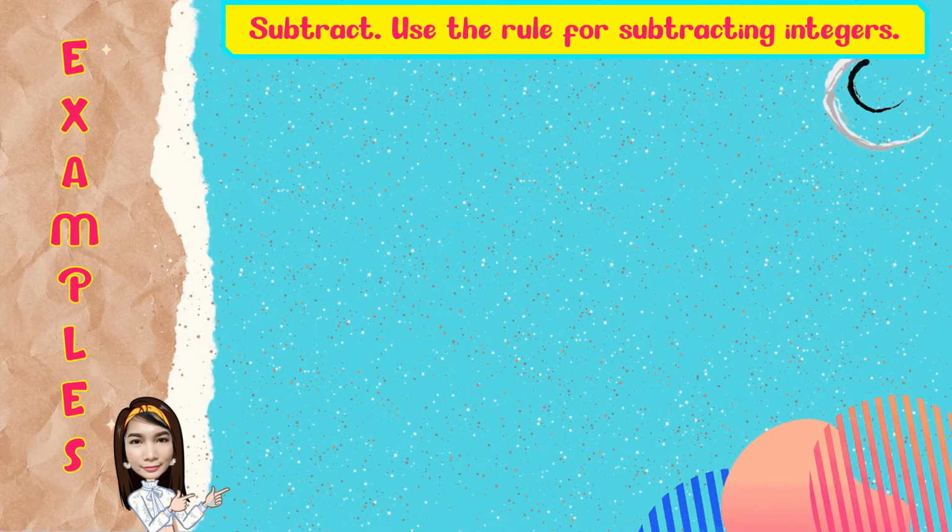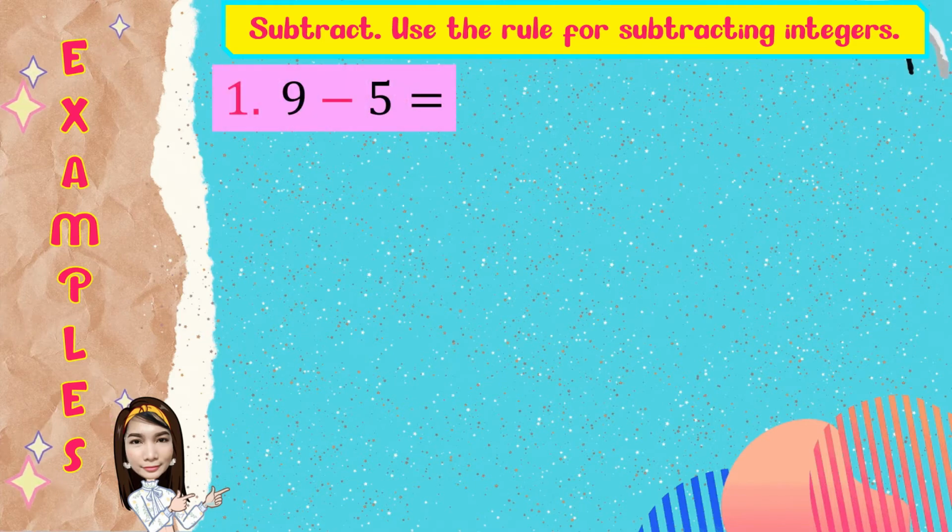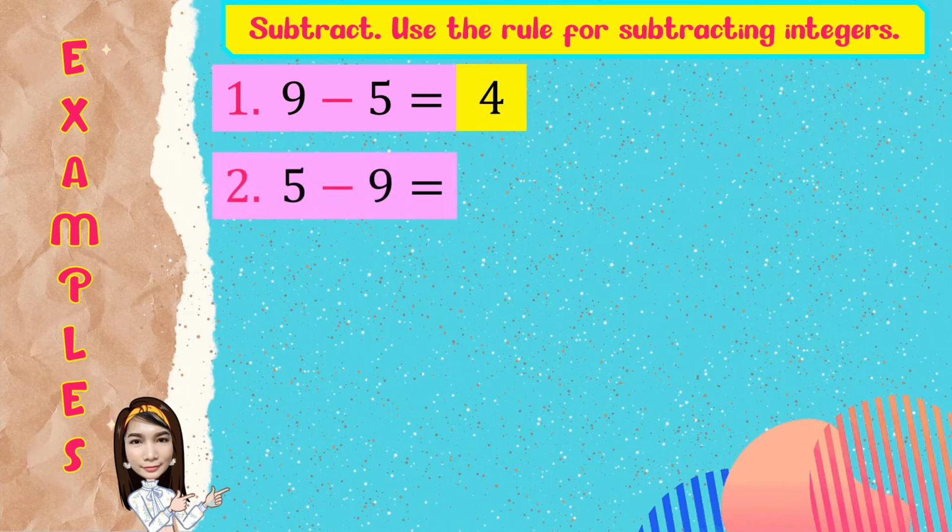Subtract. Use the rule for subtracting integers. Given number 1, 9 minus 5, as you noticed, if the minuend is greater than the subtrahend, we can simply subtract 9 minus 5, we get 4. But if the minuend is less than the subtrahend, we need to apply the rule for subtraction. So let's have number 2, 5 minus 9. So as you can see, 5 is less than 9. Therefore, we're going to apply the rule.